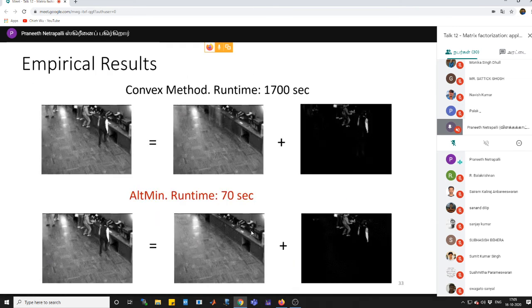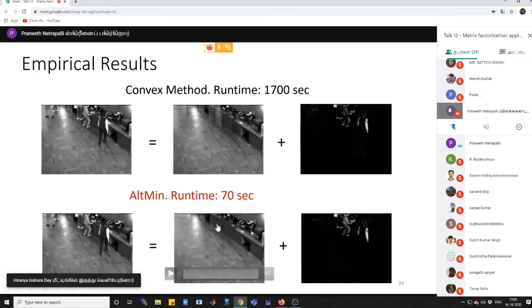Let me show you the empirical results of the convex method compared to this alternating minimization approach. This is a video, and you want to decompose it into a background and a foreground. This is the output of the convex method, and this is the output of the alternating minimization algorithm.